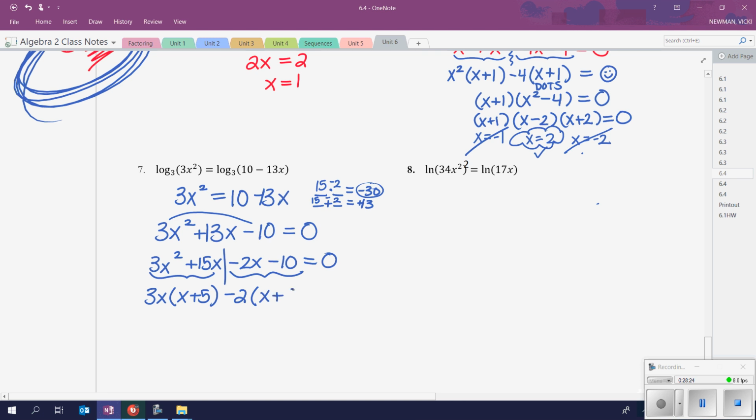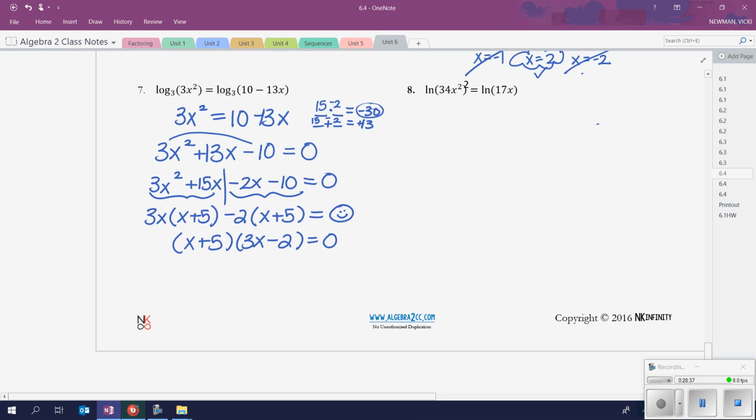And we get x plus 5. So we know we're doing a good job. Our factors are x plus 5 and 3x minus 2. So we know the root for this one is -5. Then 3x is equal to +2. Divide by 3. So x is equal to 2/3.